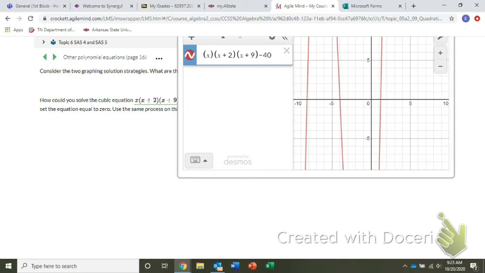let's go to number 18B. I guess we'll just go right here. 18B.